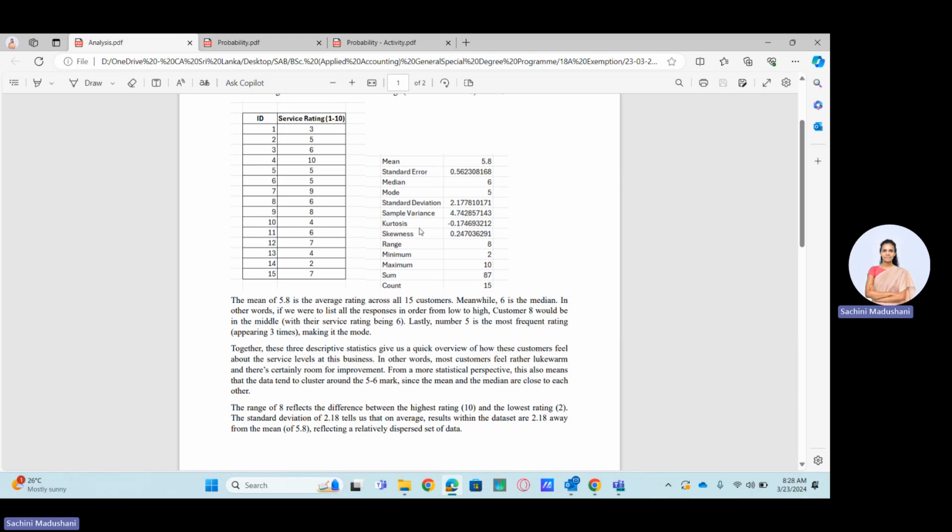Then we can do that analysis using Excel. Excel is what you can use. Then we do that one.